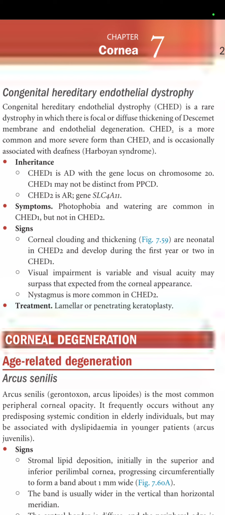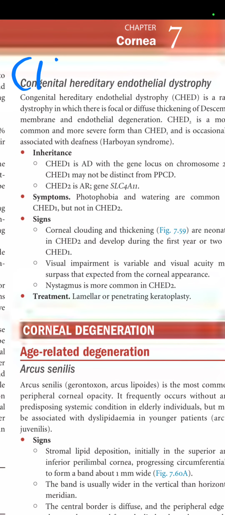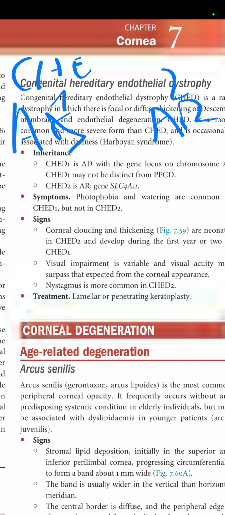CHED2 may not be distinct from PPCD. CHED2 is autosomal recessive, gene SLC4A11. So CHED1 is autosomal dominant, CHED2 is autosomal recessive.